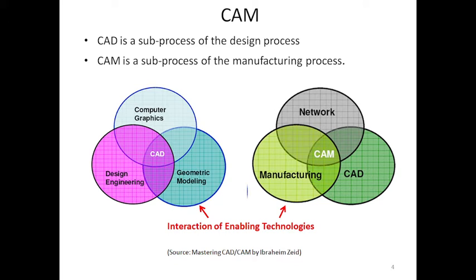And the third is networking, which is establishing the relationship between the CAD information and the manufacturing knowledge. Maybe it is in the form of the network which is controlling the manufacturing resources, or it is the information flow from the computer-aided design domain to the manufacturing engineering domain. So all these three concepts are used for having the CAM.